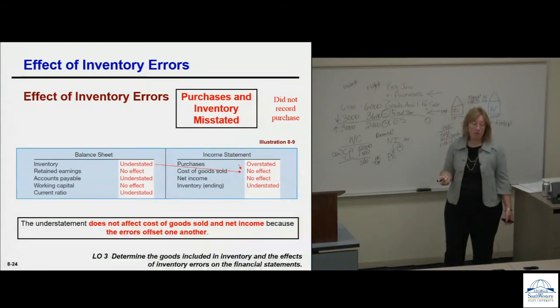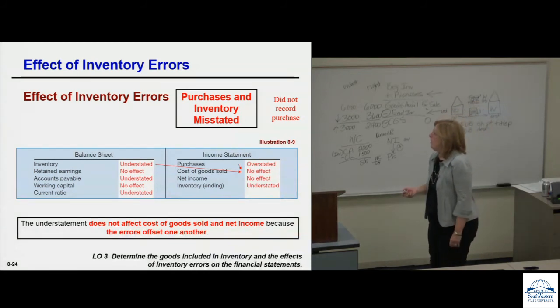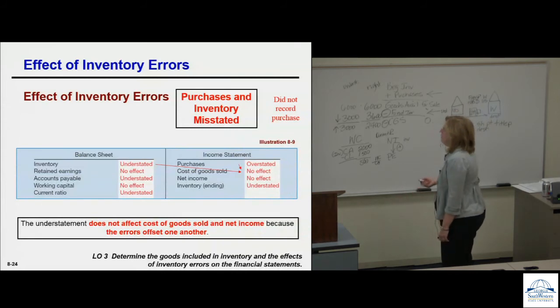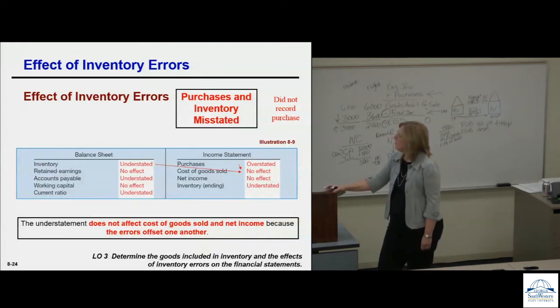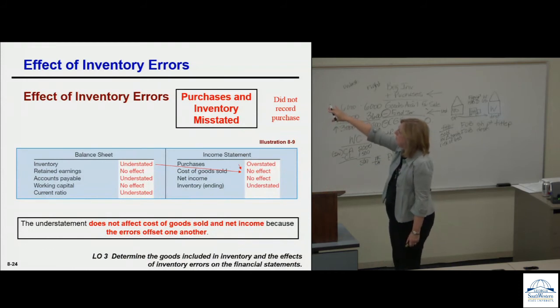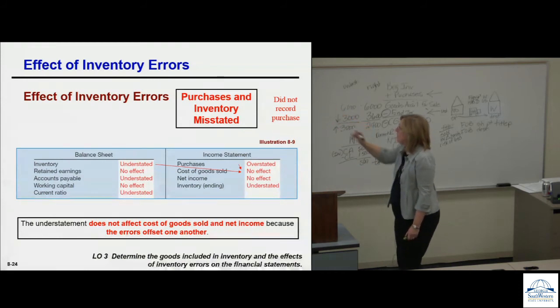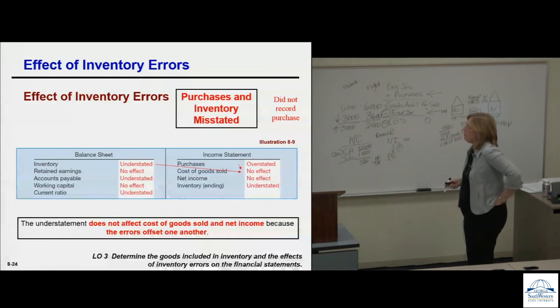We didn't record ending inventory. And purchases are overstated. So these arrows work together to make cost of goods sold no effect.